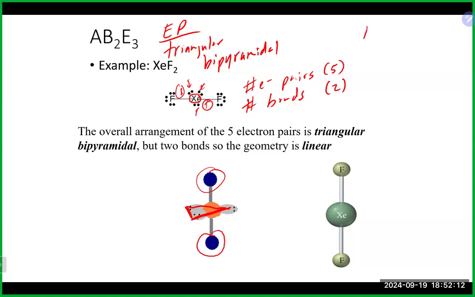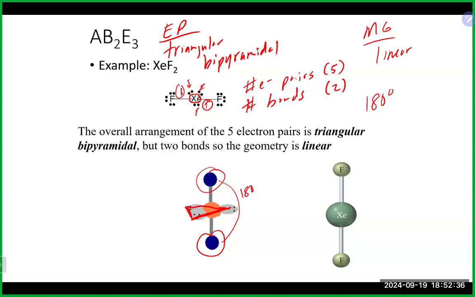And this will give us a molecular geometry here of linear. This is the expanded linear, by the way, not the linear that we talked about with 2 and 2. That has a bond angle of 180 degrees because they're able to really spread themselves out there. Any questions on that one?